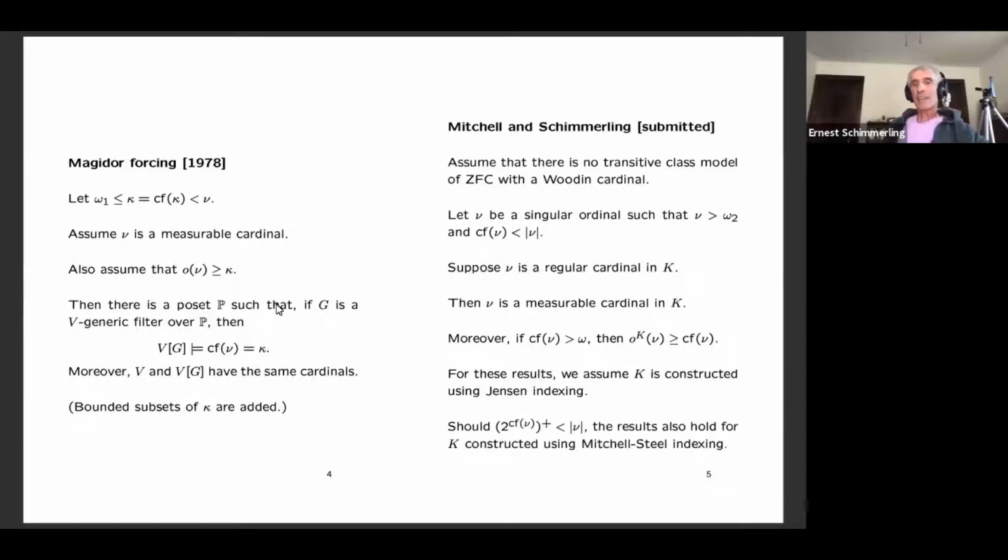If you make an additional GCH-like assumption that 2 to the cofinality plus is less than the cardinality of nu, then the results also hold for K constructed using Mitchell-Steele indexing, which is the other popular style that you might use for building K.